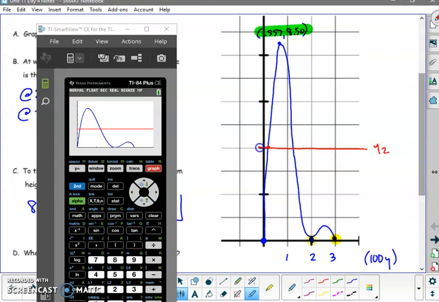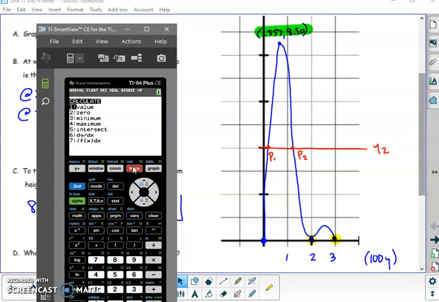It's going to be 2 points, P1 and P2. So now I can use my intersect function. Second, calc, intersect. And first curve, I'm just going to go over here. I like to go left to right. You don't certainly have to.